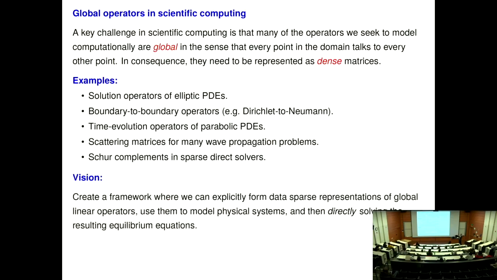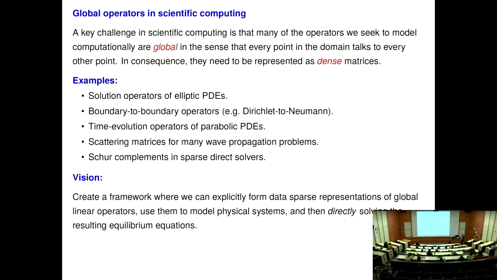Right, so what I will do in the next 10, 15 minutes is give you a very high-level vision I have. This has been my long-term vision. The randomized linear algebra has provided a diversion that lasted much longer than I had expected, but I'm really returning to this. I want to set up a framework where I can get data-sparse representations of these global operators of mathematical physics, and then do things like inverting them, or forming linear systems where they form subcomponents and then inverting the resulting linear system.